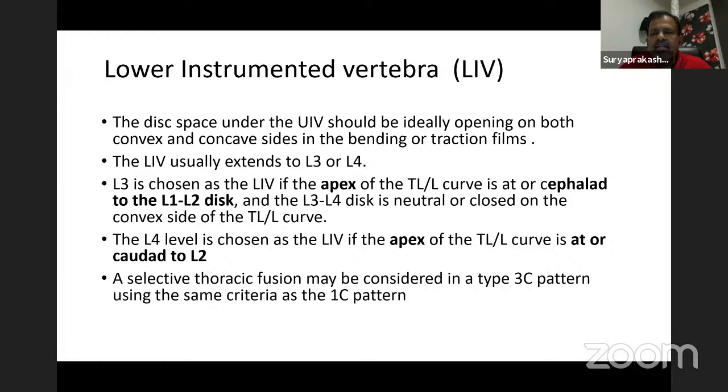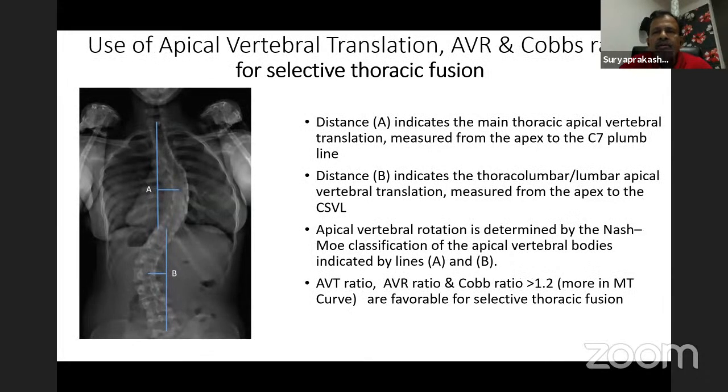Well, the same criteria we can use in type 3C pattern, same as 1C pattern. Sometimes we can get away by leaving a little bit of well-balanced structural lumbar curve underneath. Sometimes if you can bring it below 30 degrees, it may not progress in the future. And of course, I think this was already covered in the first lecture, using of apical vertebral translation, apical vertebral rotation, Cobb's ratio.